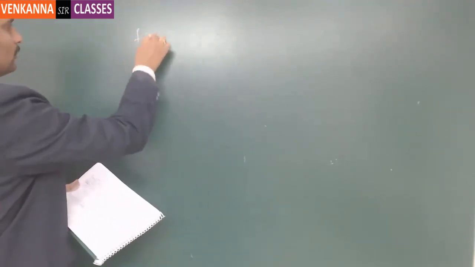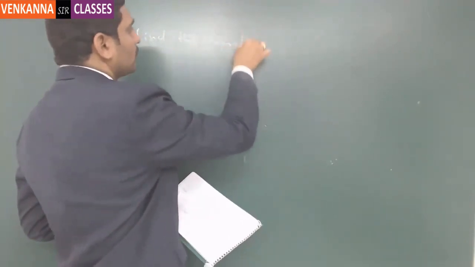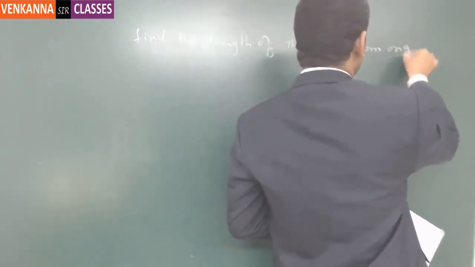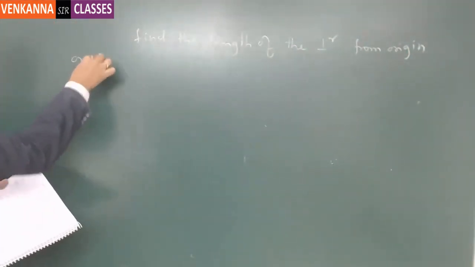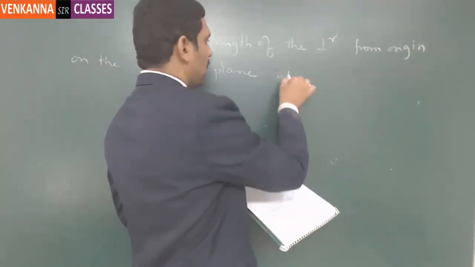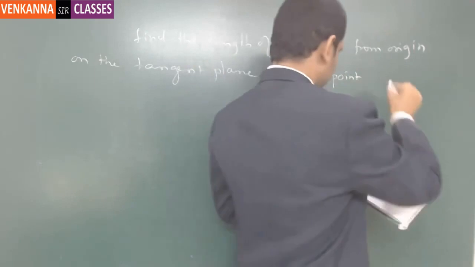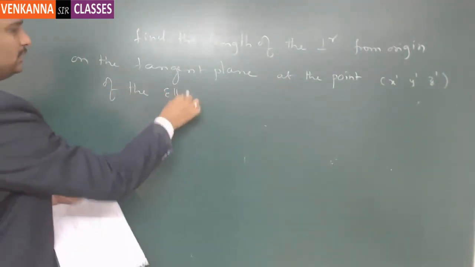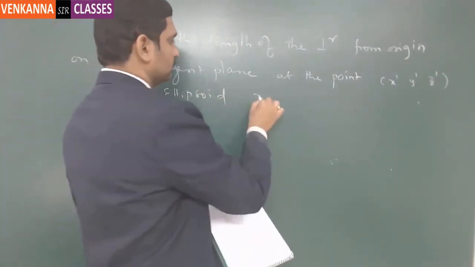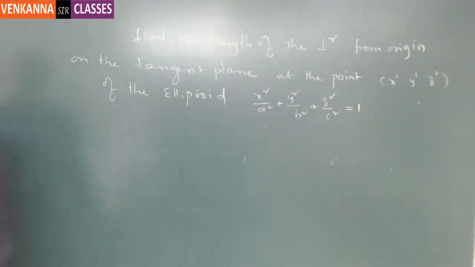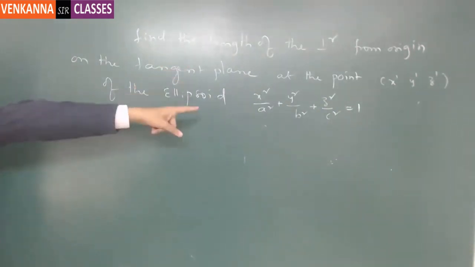Right. So this is the second question. Find the length of the perpendicular from origin on the tangent plane at the point x dash, y dash, z dash of the ellipsoid x square by a square plus y square by b square plus z square by c square equal to 1.